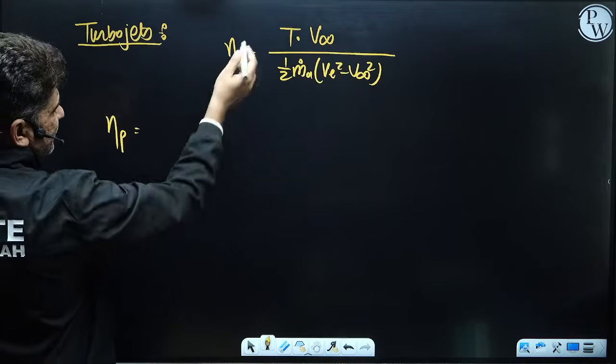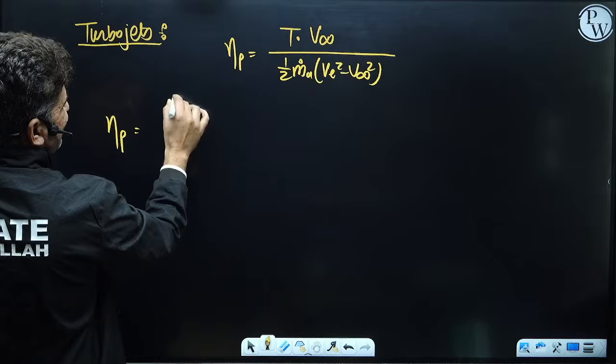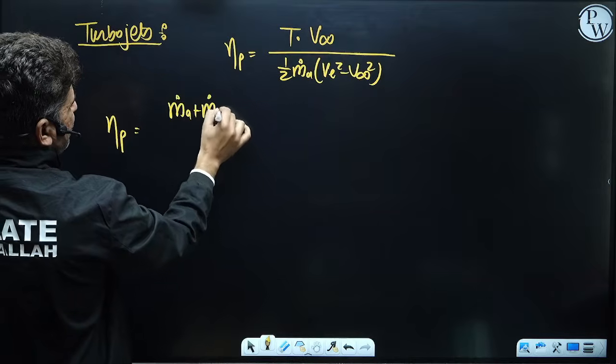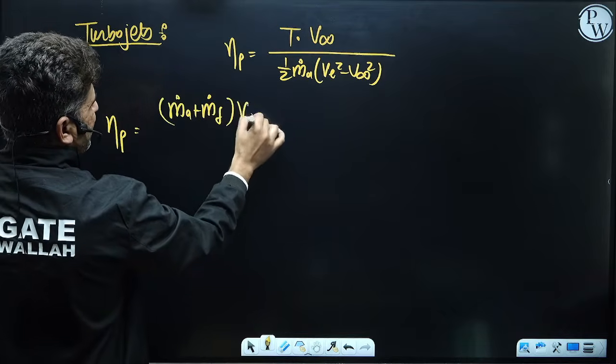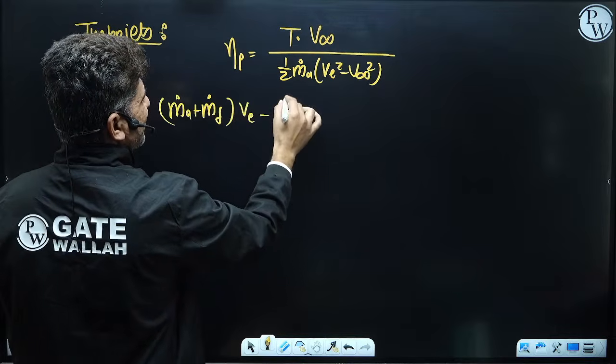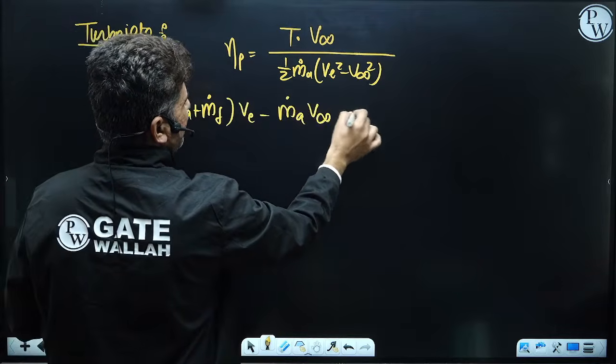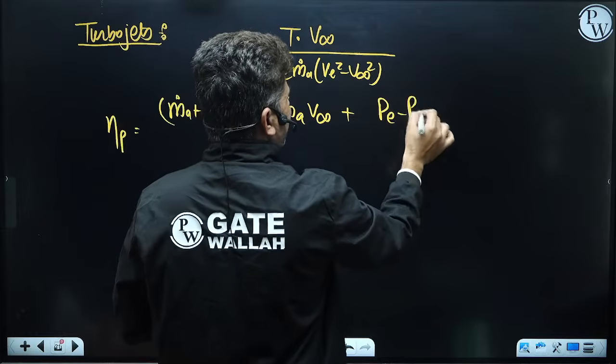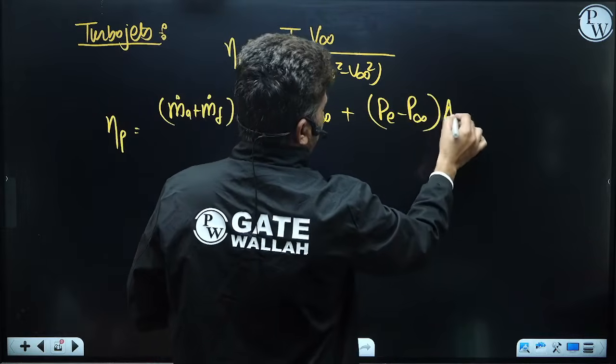Thrust is mass flow rate of air plus mass flow rate of fuel multiplied by V exit, minus mass flow rate of air multiplied by V infinity, plus P exit minus P infinity into area exit.